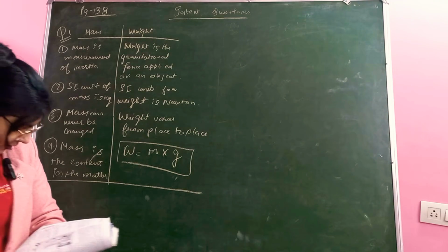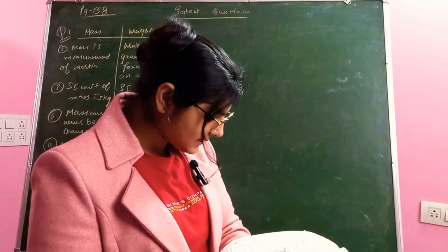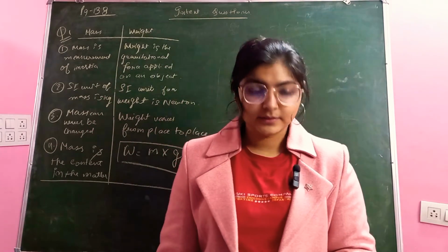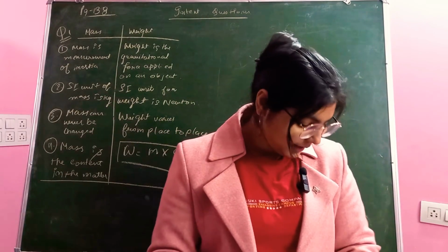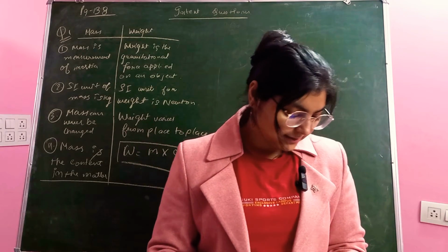Why is the weight of an object on the moon 1/6 its weight on the earth? This question we already proved, but it has asked it again.